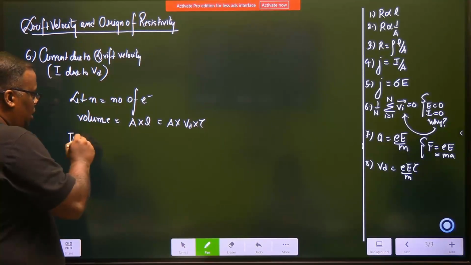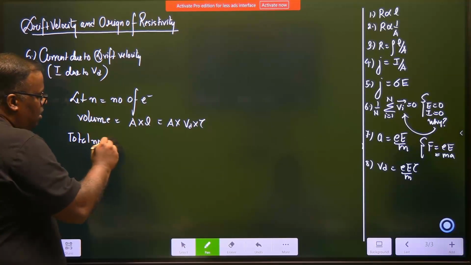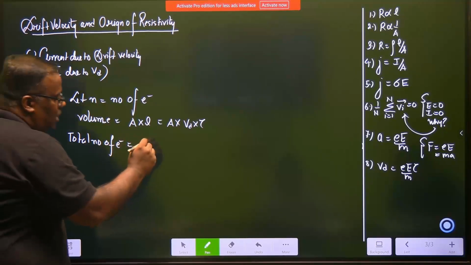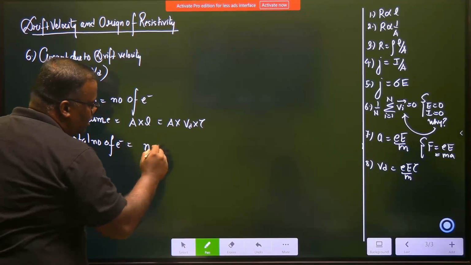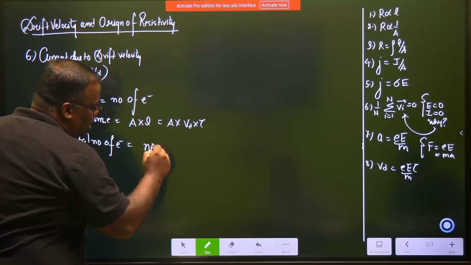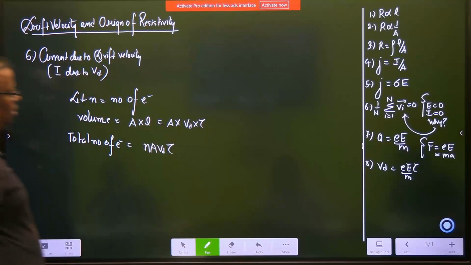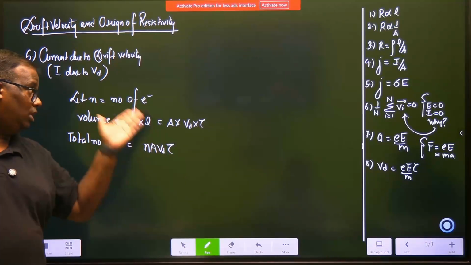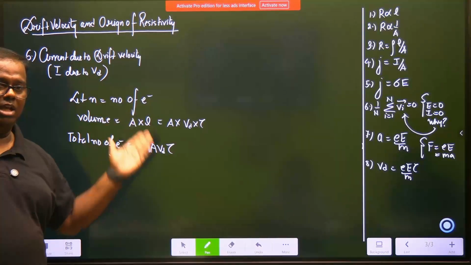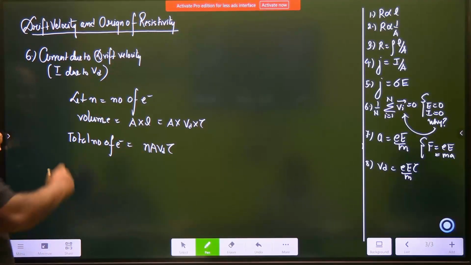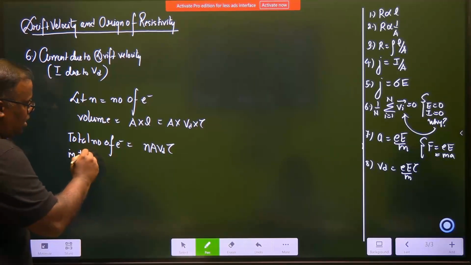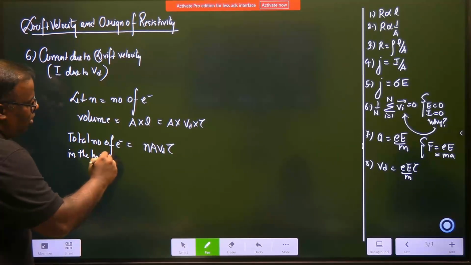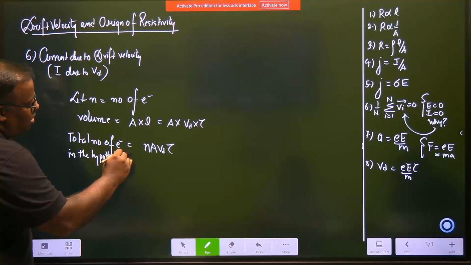So total number of electrons will be n A Vd into tau. If this is the volume, how many electrons are there? Total is n A Vd tau electrons in the hypothetical cylinder.